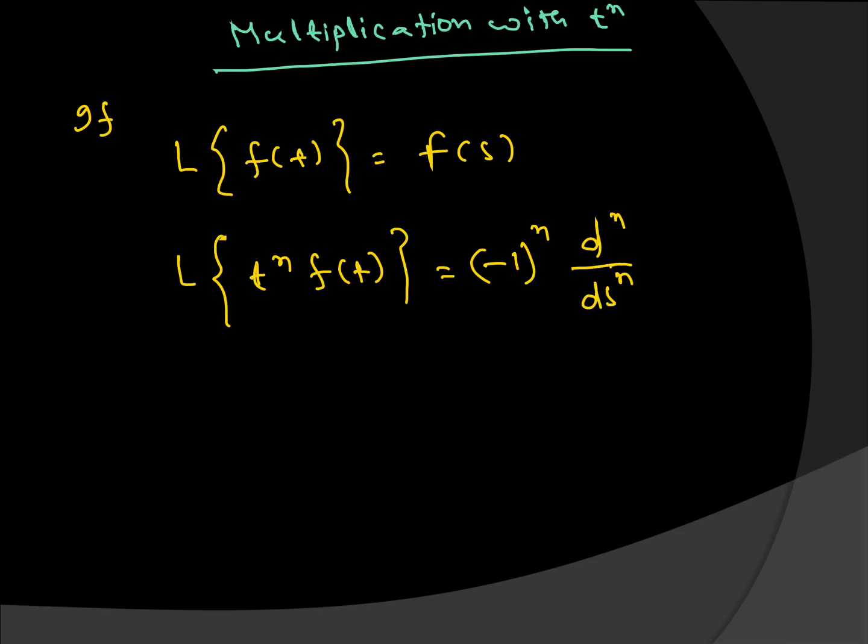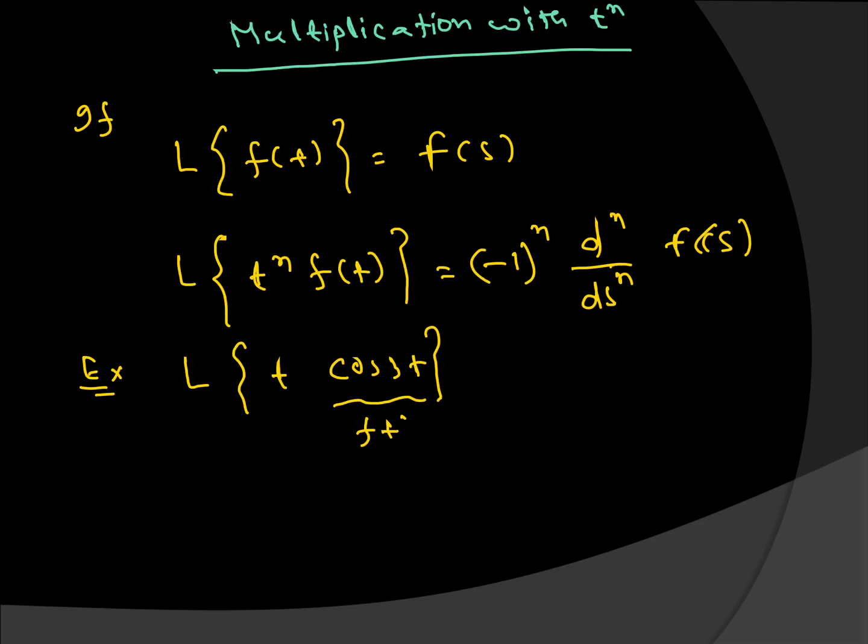We have to do the derivative n times. So if we solve one example, Laplace of t cos 3t. Step by step we will do. First this is our f of t, then this is t, n is here 1, t to the power 1.